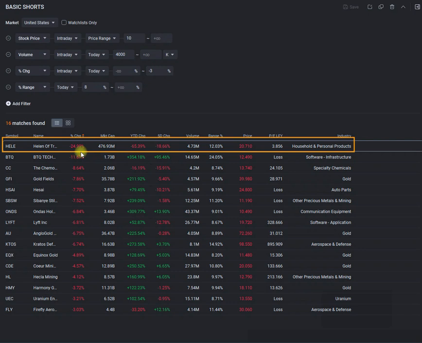It's the worst stock out of 9,000 that meets these criteria: over $10, trades at least 4 million shares, and it's down over 3%. And the range, at the end, was 12%.